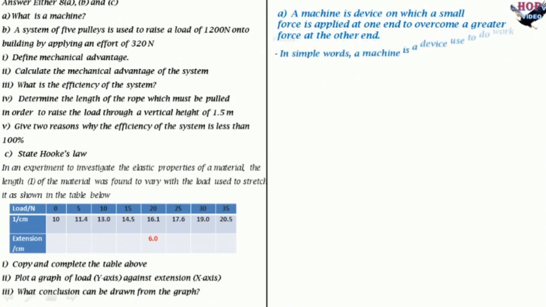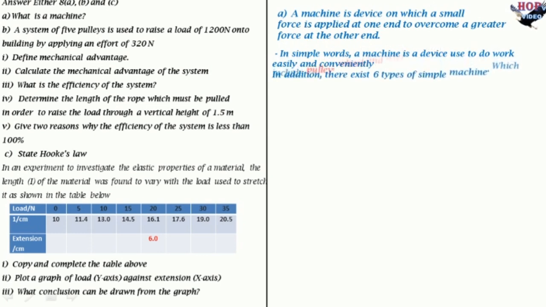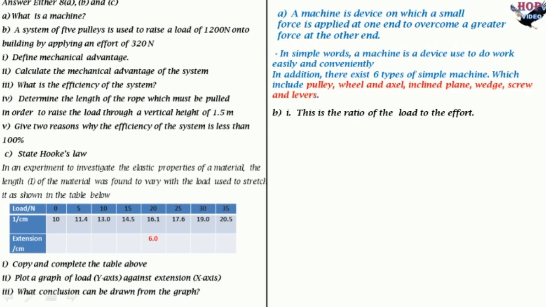In addition, there exist 6 types of simple machine, which include a pulley, wheel and axle, inclined plane, wedge, screw, and a lever. Right away to the B part of the question, which asks us to define mechanical advantage.